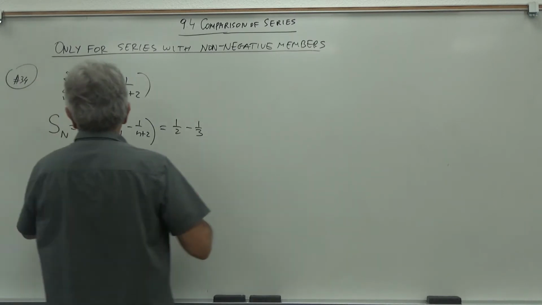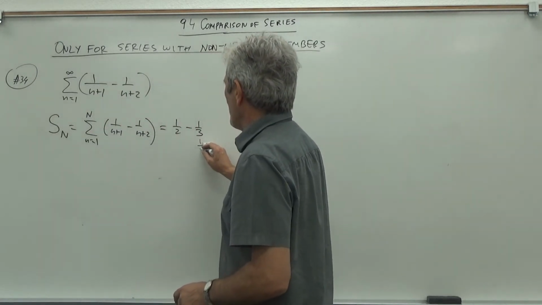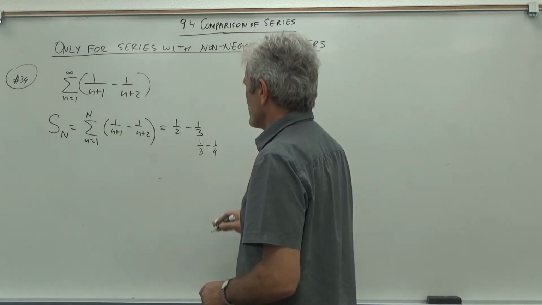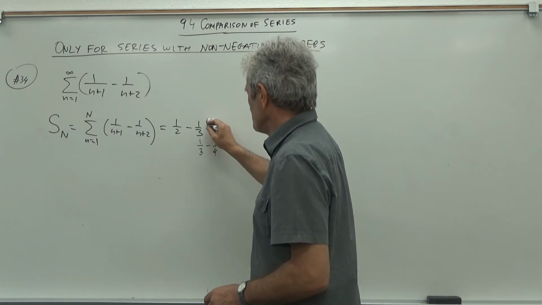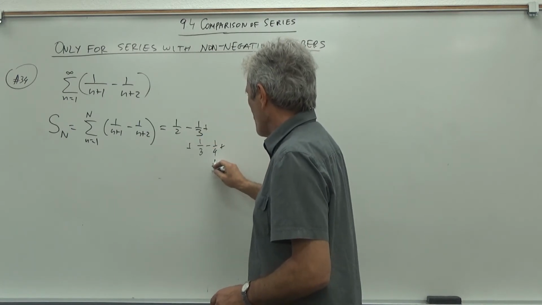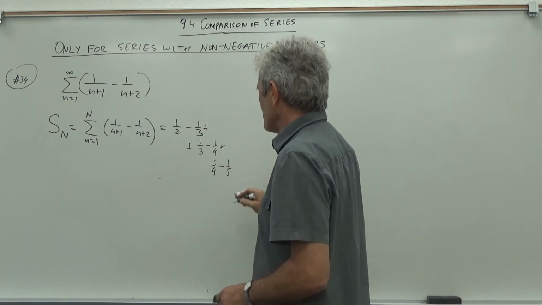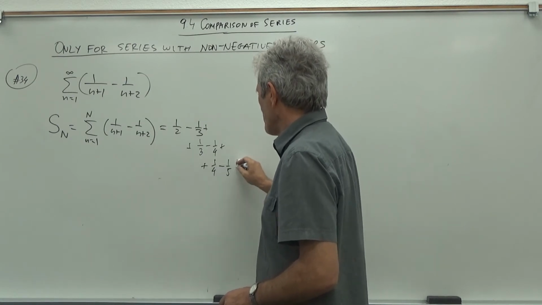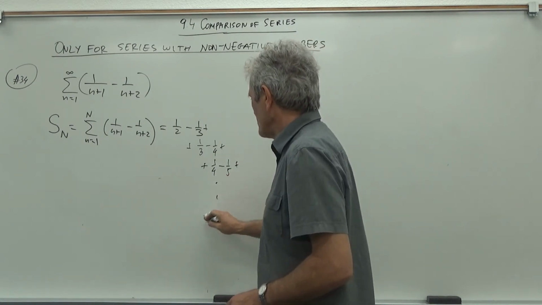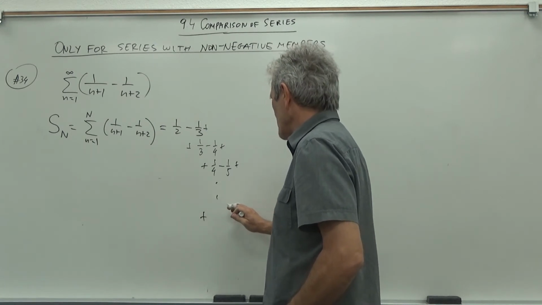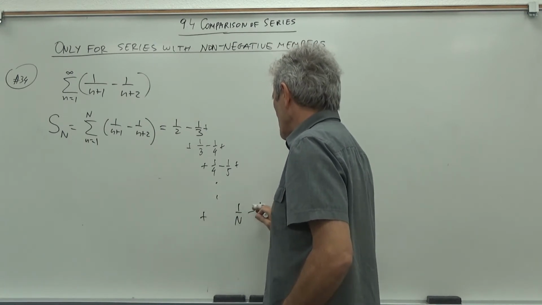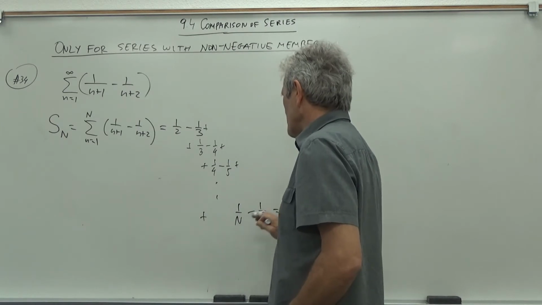When n equals 2, I'll get 1/3 minus 1/4. When n is 3, I'll get plus 1/4 minus 1/5. Dots. And then the last one will be 1/(N+1) minus 1/(N+2).